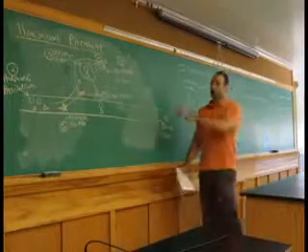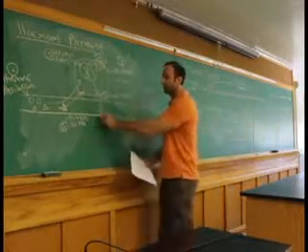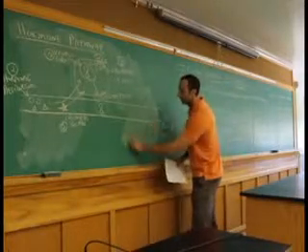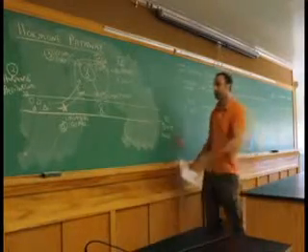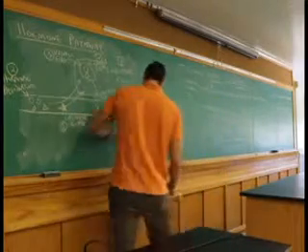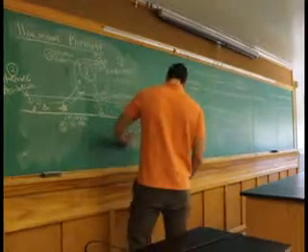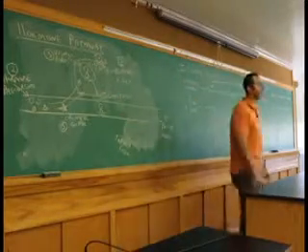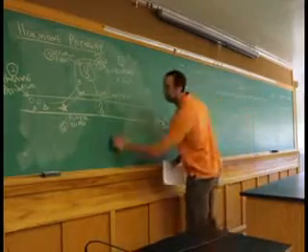The goal of this process, now that you've made this hormone, is to get the hormone to a target cell. So we'll have a target cell on the other side of our blood vessel here. The target cell has a specific receptor, so this is step 8.